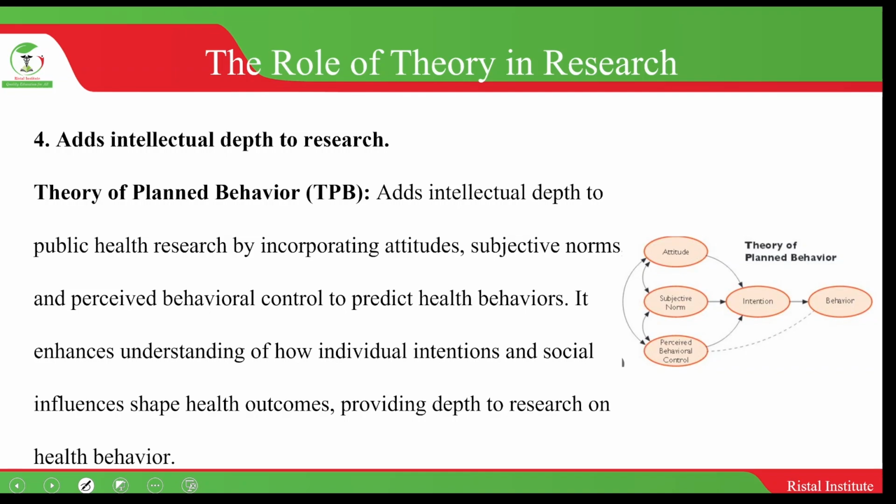So here I use the example of the theory of planned behavior, which is that for people to engage in particular health behaviors, what are the predictors that they will actually engage in these behaviors? For example, we say that circumcision helps in reducing the transmission of HIV, that is something that is known. But how many people are willing to take their children for circumcision?